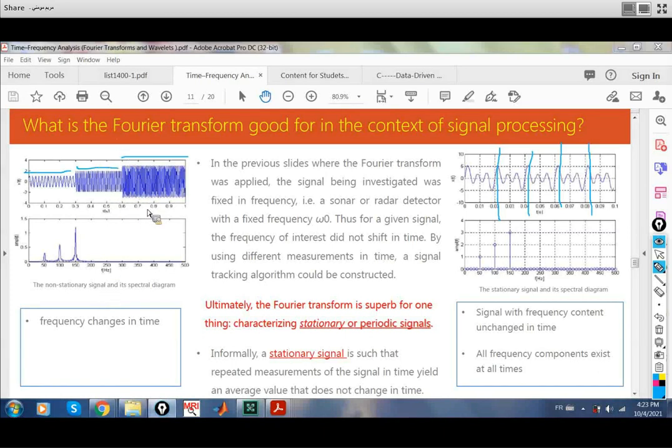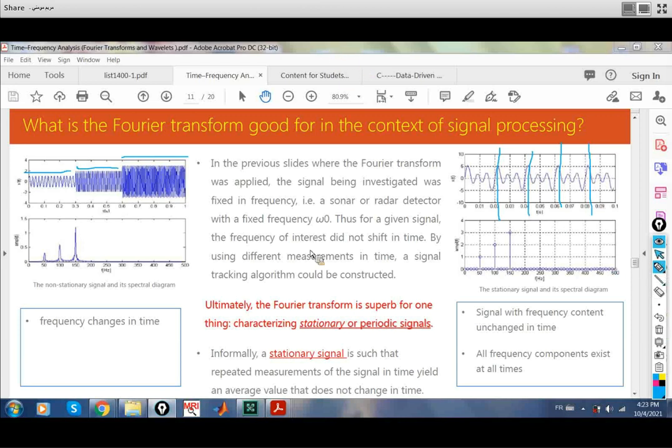The frequency information in the left changes during time. But on the right, the frequency changes are stable during time and repeated again and again.